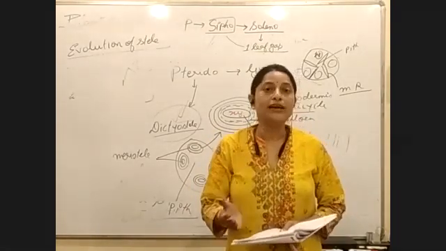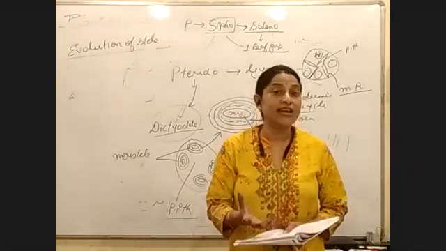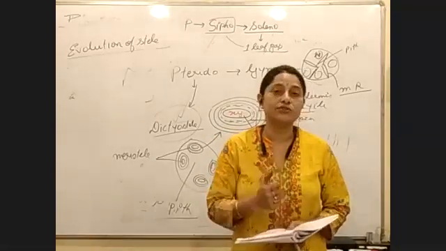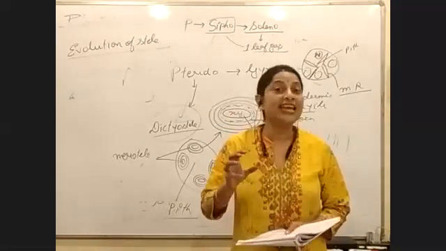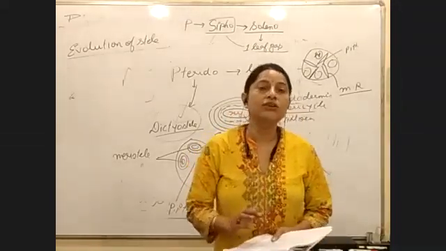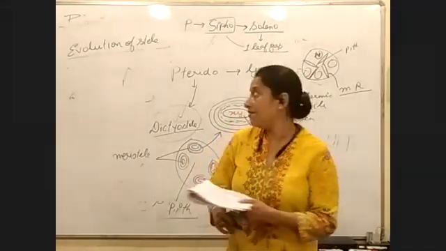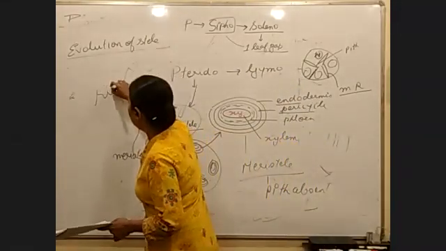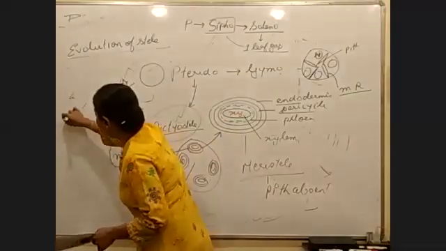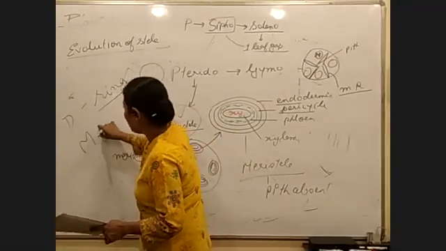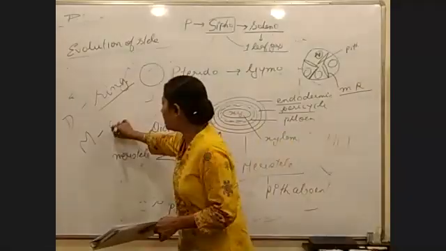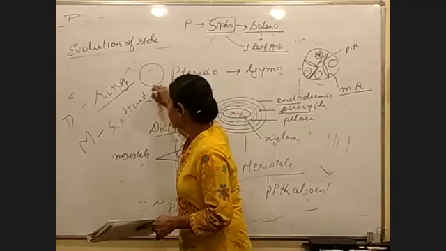But how do we identify which is a dicot and which is a monocot? We can identify by looking at the arrangement of the vascular tissues. Always remember, in case of a dicot the vascular tissues are always arranged in the form of a ring. In case of a monocot, the vascular tissue will not be arranged in a ring, but they will remain scattered.